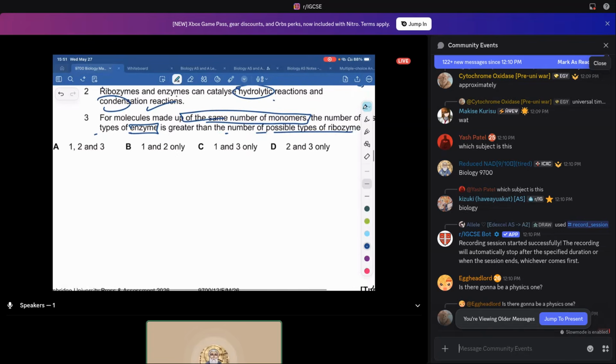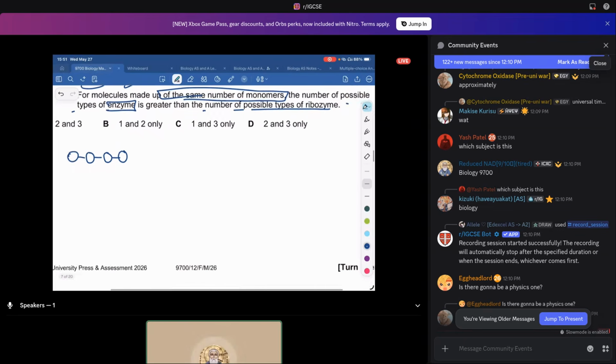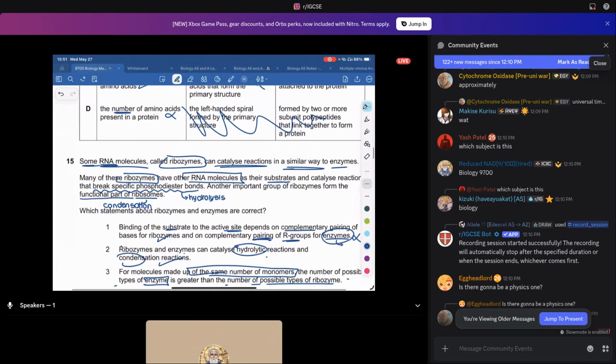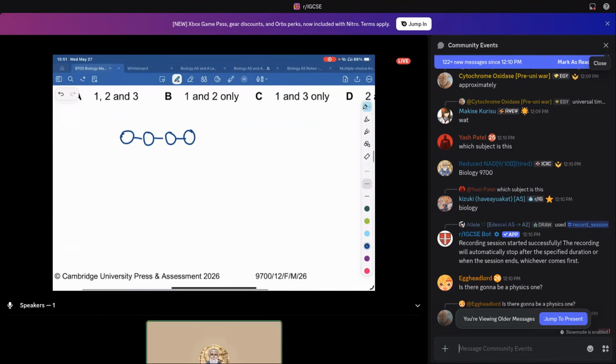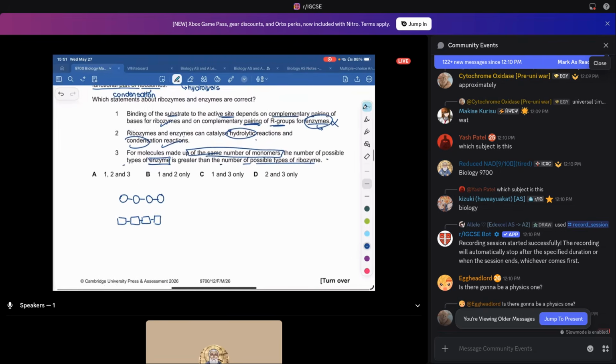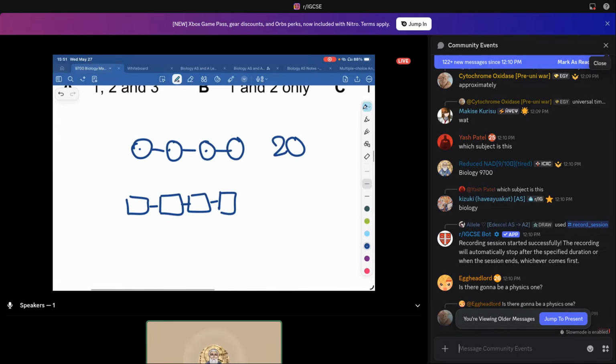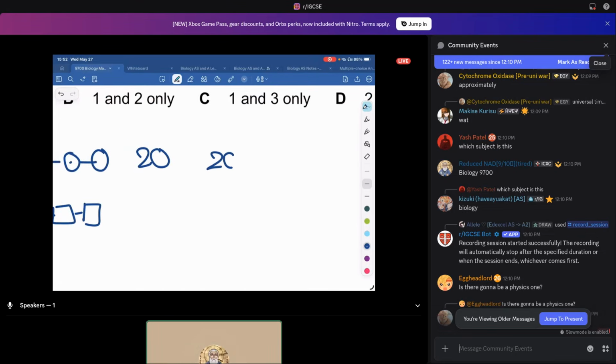For molecules made up of the same number of monomers. So I have a protein with, for example, 4 monomers. That's an example. Okay, and a ribozyme, which is made up of RNA bases of also 4 molecules. The number of possible types of enzyme is greater than ribozyme. Now, this is true. Why? Because there are 20 amino acids. So for each one of these, there are 20 combinations.